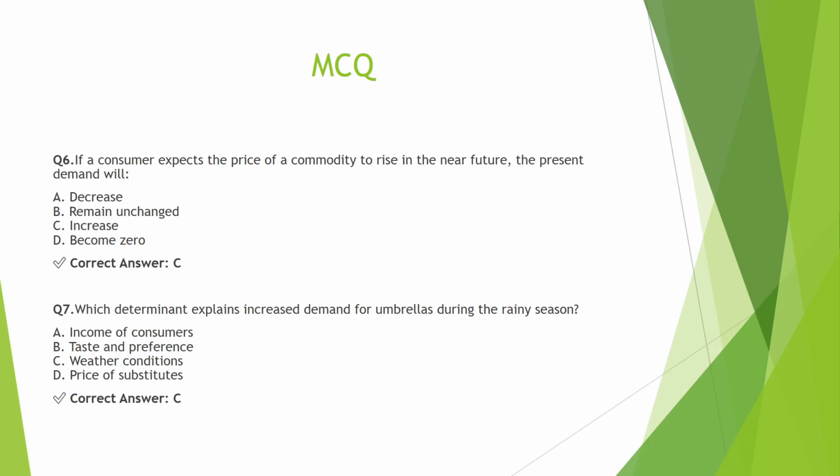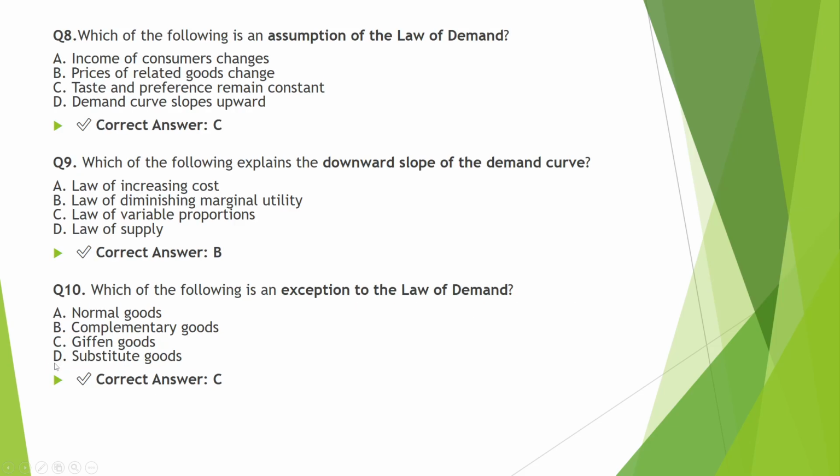Question number 7. Which determinant explains increased demand for umbrellas during the rain? This is the weather condition factor. We have just learned that. So the answer is C. Question 8, which of the following is an assumption of the law of demand?